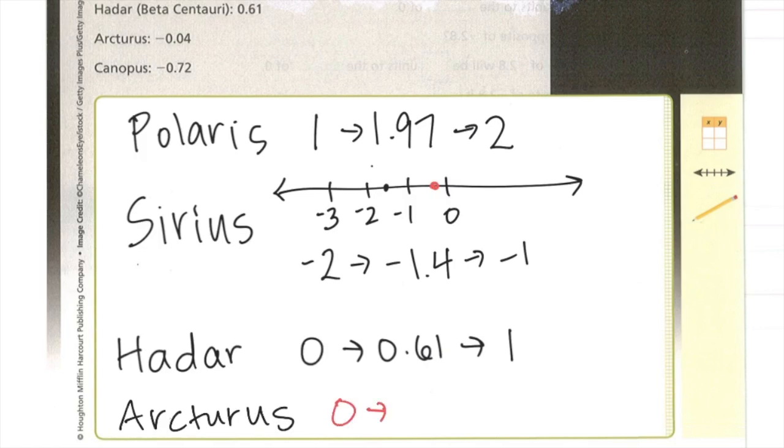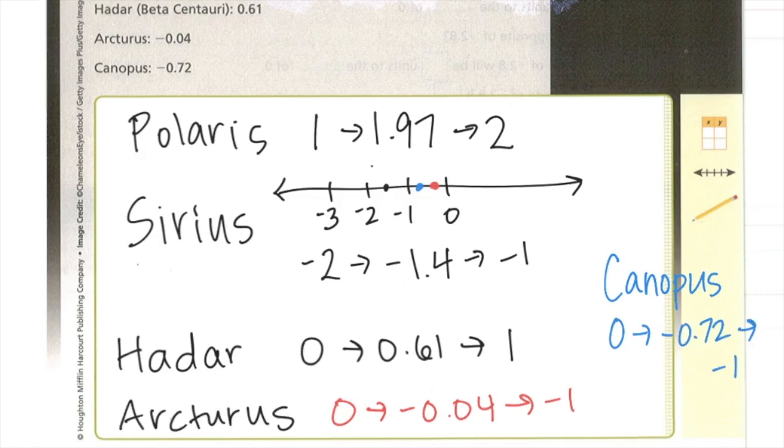So 0, negative 0.04, and negative 1. And then the last one, I'm going to squeeze it on the side here, I wrote too big, is Canopus. And it says negative 0.72. Well, that's again, it's in this section between 0 and negative 1. All right, so we thought about the number line. Where does that decimal fall between what two whole numbers?